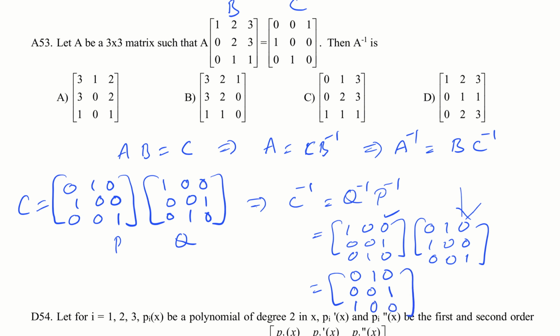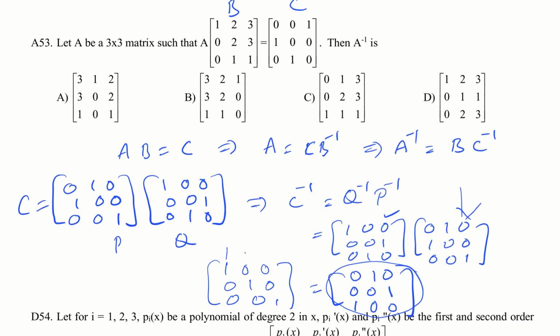That is C inverse. And now we know that if we post multiply any matrix with this matrix, it will change the columns of that matrix. Now if you remember, start with identity matrix like this. It's 1 0 0 0 1 0 0 0 1. You can see that what happened here.